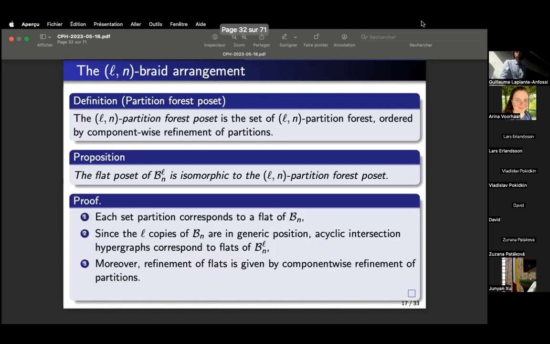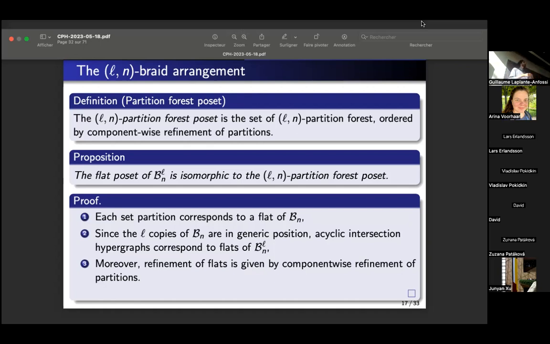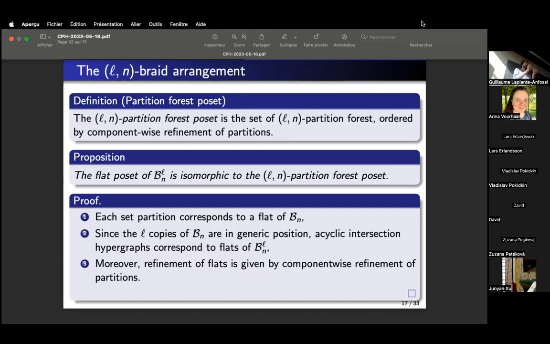And to see that this faithfully encodes the flat poset we're interested in, you just have to think about the definition of the braid arrangement. The braid arrangement is given by equating two coordinates with one another. So a set partition of 1 to n corresponds to a flat in this hyperplane arrangement.